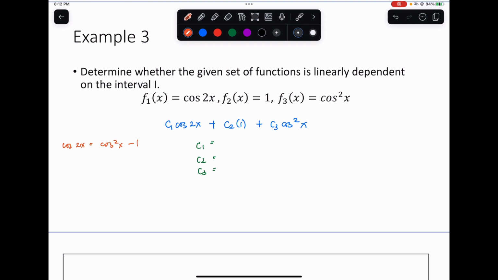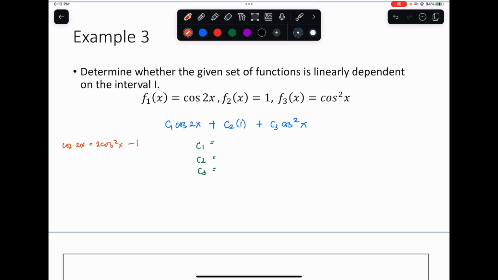Cosine 2x is equivalent to cosine squared x minus 1. So for the identity, cosine squared x is 1 plus cosine 2x all over 2. Okay, so I forgot, there should be 2 there. So cosine 2x is equal to 2 cosine squared x minus 1.